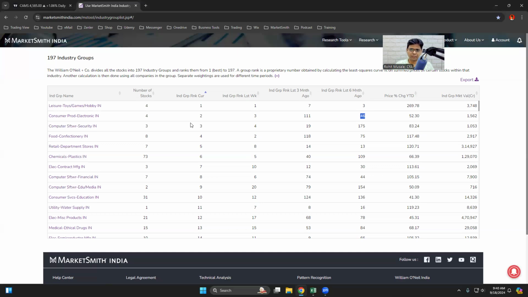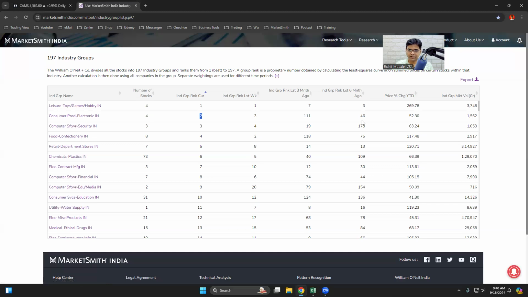Now it is 2, which means the performance of these four stocks has pushed the industry performance to such a level that it is among the top two best performing industry groups in the Indian stock market out of a total of 197 industry groups. So you might want to look at the four stocks in this that have done so well that this industry group went from rank 46 to second rank. What are those stocks? You might want to look at that.